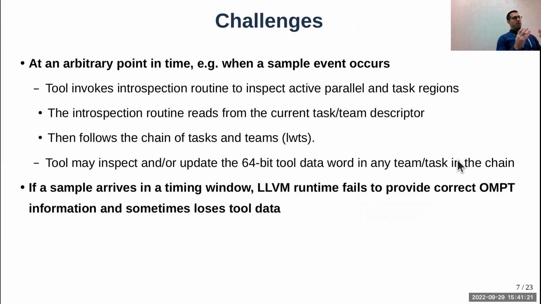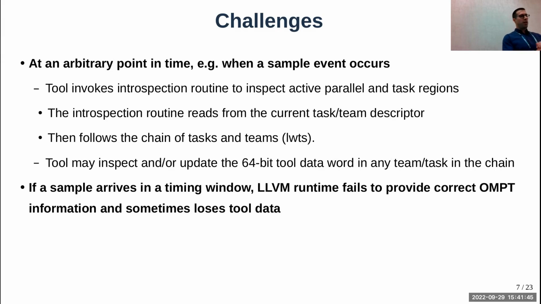So the main challenge that the OMPT get task info and parallel info introspection routines face is that at an arbitrary point, a sample event can occur. So a tool can invoke an introspection routine to inspect active parallel and task regions. What the introspection routine does is, for the innermost level, ancestral level 0, it reads information from the regular team and task descriptors.